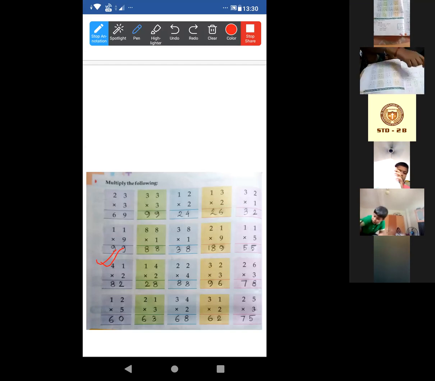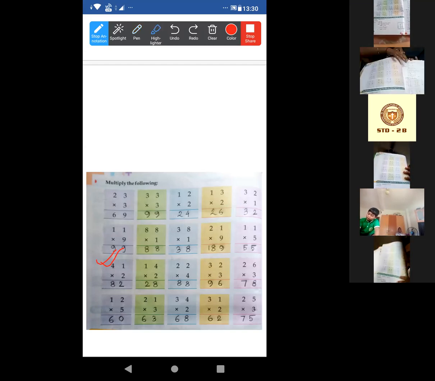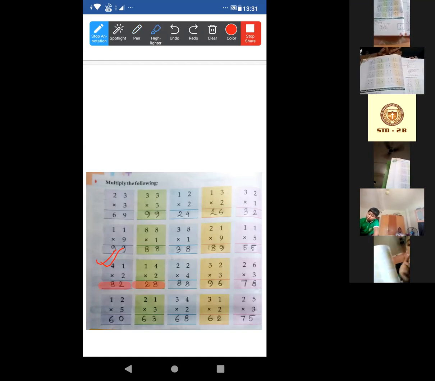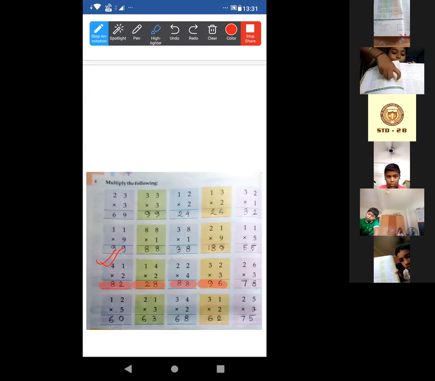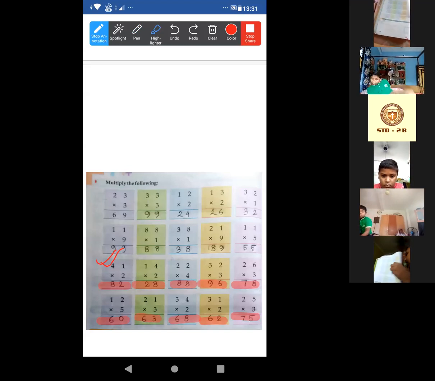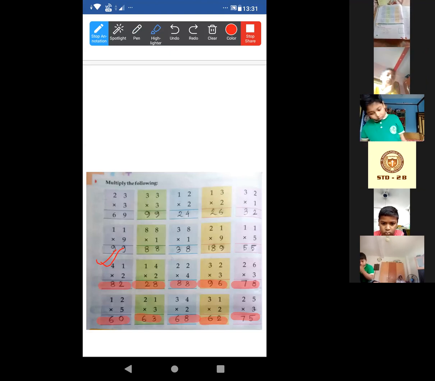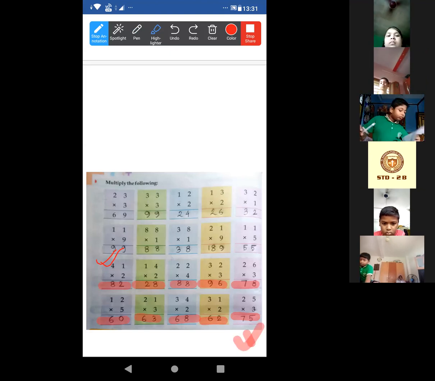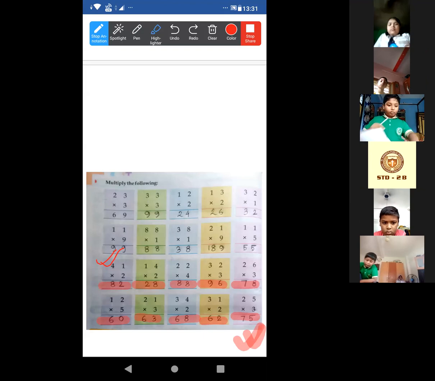Kushan, I am showing you the answers. Write the answer first. Look, these are the answers. Kushan, I am showing you this on the screen. Kushan, look at the screen and write the answers in your book, okay?